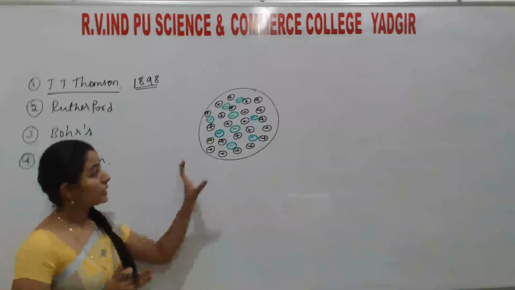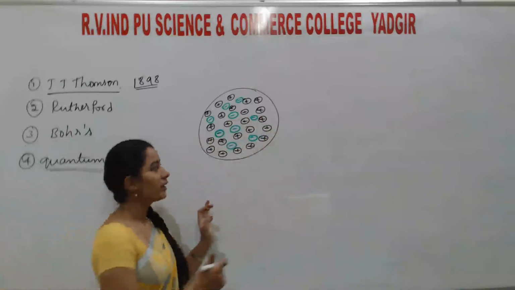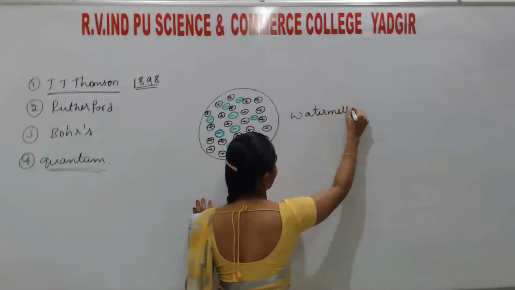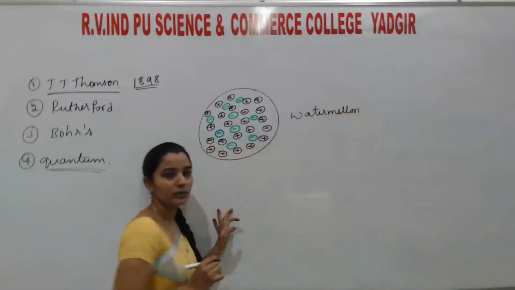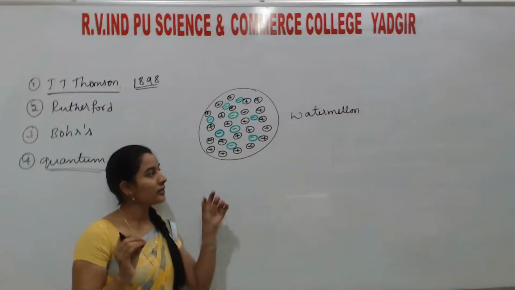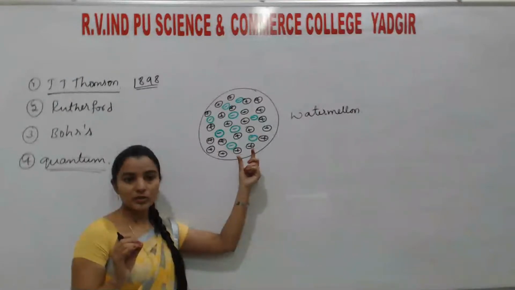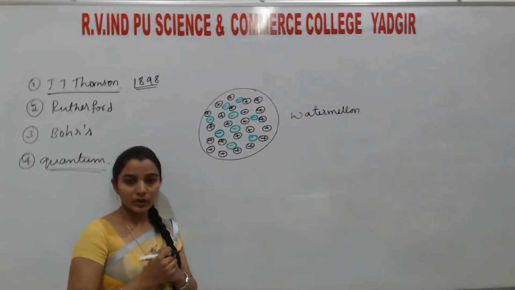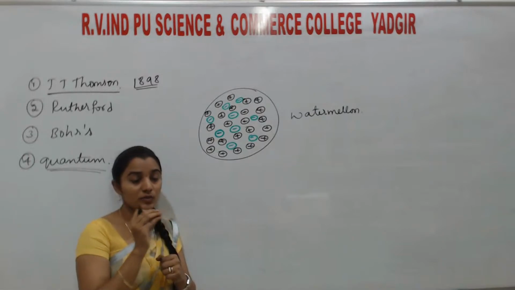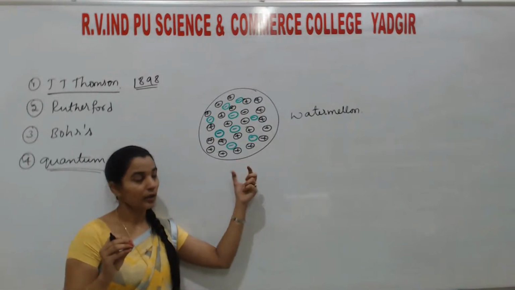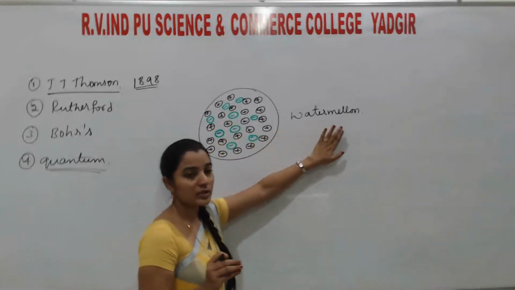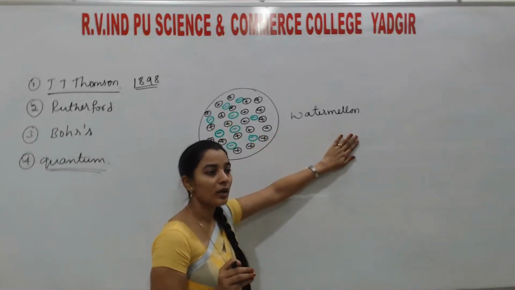Understood? So this model looks like a watermelon. The red part in the watermelon is considered as the positively charged species because throughout the fruit it is there, and the seeds which are embedded in the red part are considered as negatively charged species. That's why this is also called the watermelon model.